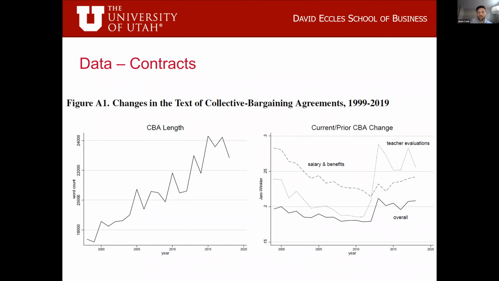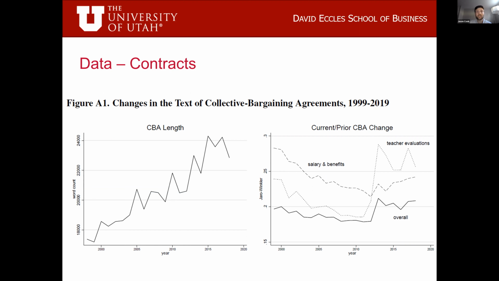In the solid line, the contracts overall, the whole text, are becoming slightly more stable over time. And then there's a big jump in 2011, and I'll talk about that briefly. This stability seems to be driven by the sections on salaries and benefits, maybe.